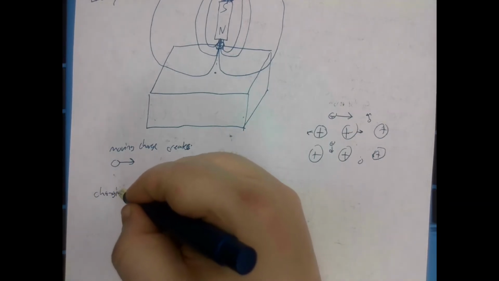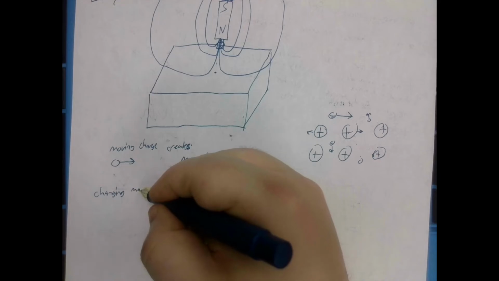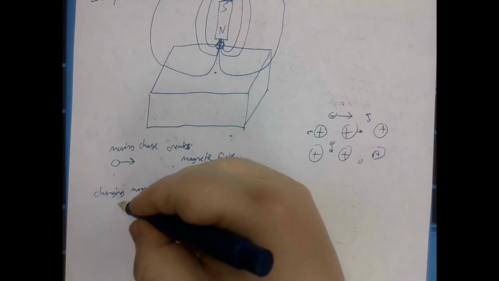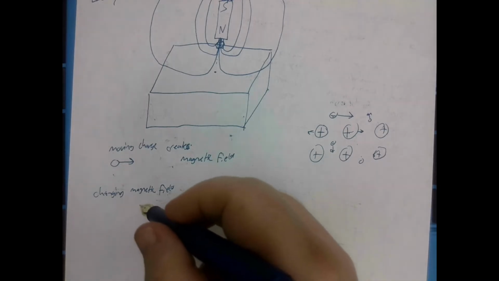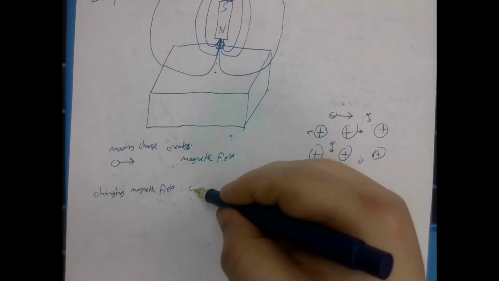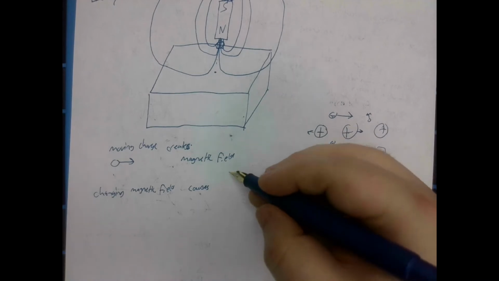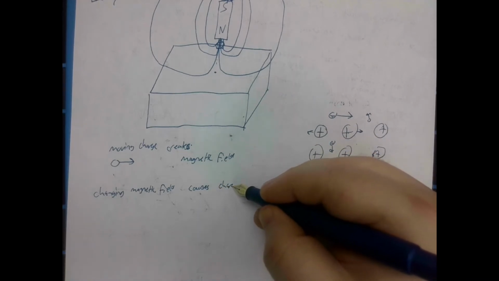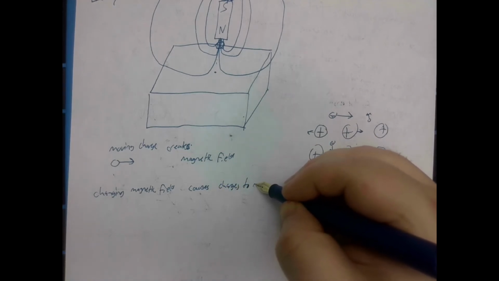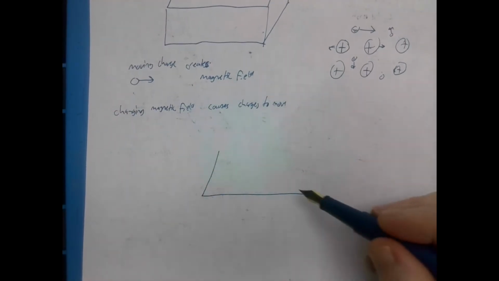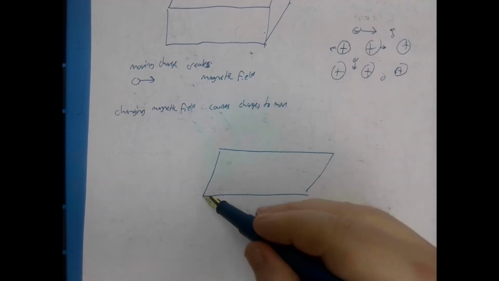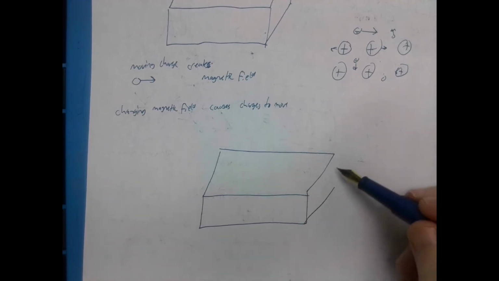Changing magnetic field, and you can change the magnetic field in multiple ways. You can change it by moving the magnetic field, causes charges to move. And how they will move, remember what happens when a charge moves in a magnetic field?